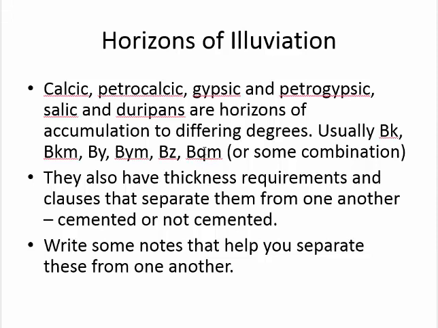Durapan is cemented by silica. Not strictly speaking quartz, but you can use the Q to remind yourself that silica is involved. These horizons have thickness requirements and clauses that separate them one from another. For example, a calcic horizon is not cemented, but a petrocalcic horizon is cemented. And you should, in your notes, write some notes that help you separate all of these one from the other.